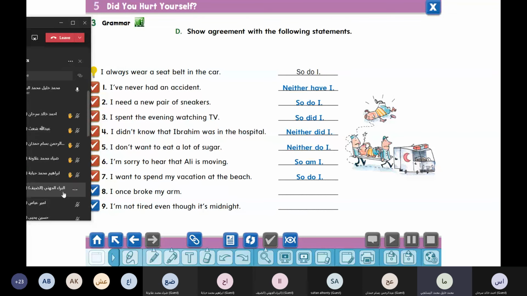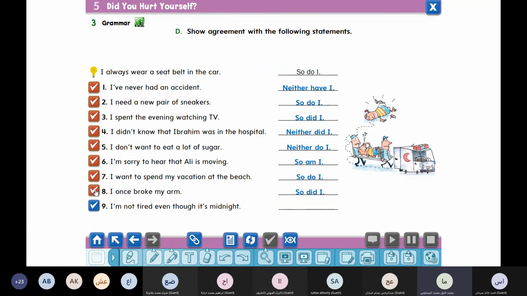Yalla Ibrahim. I once broke my arm. So did I. We used it because the verb here is in the past, and it is affirmative. So we use so did I. Can I answer last?